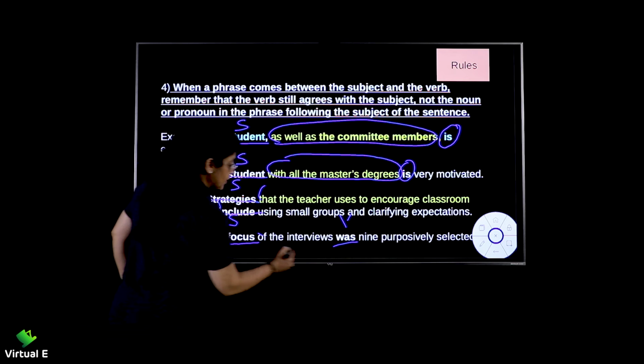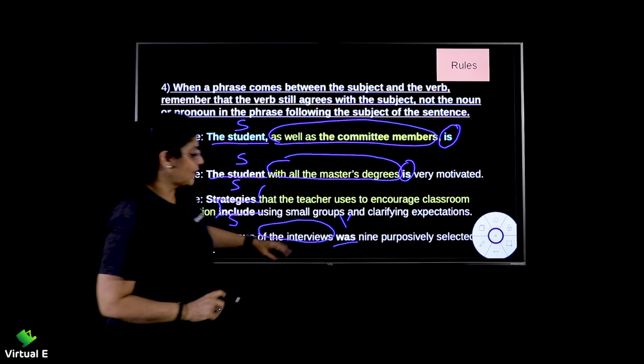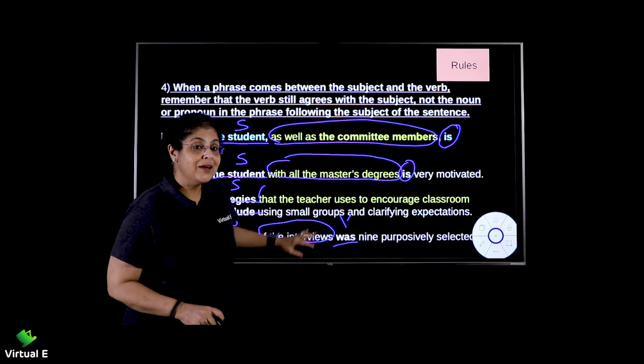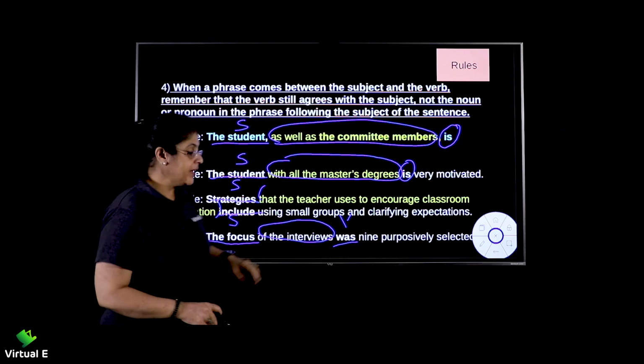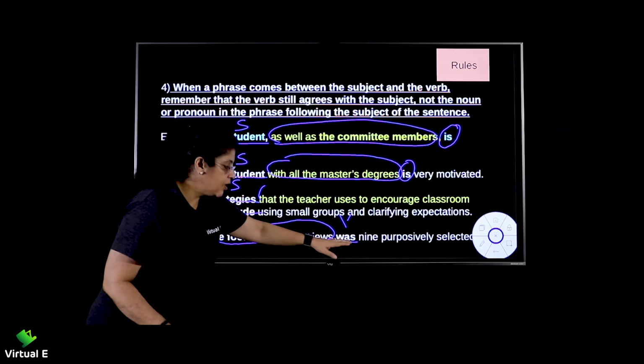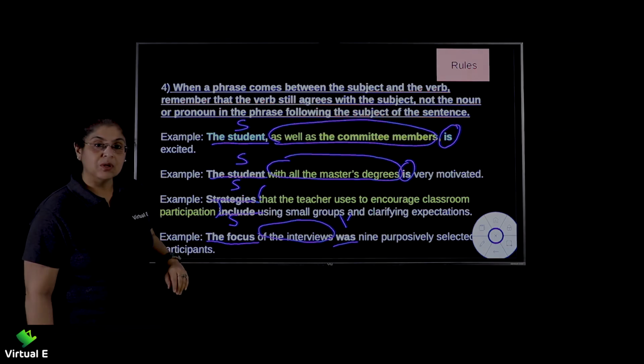Now, do you see this phrase? It was left unmarked for you to solve actually. So, interviews was. It is not interviews were. Why? Because this is a phrase which has nothing to do with the verb. Your verb has to connect to the subject as per the rule.